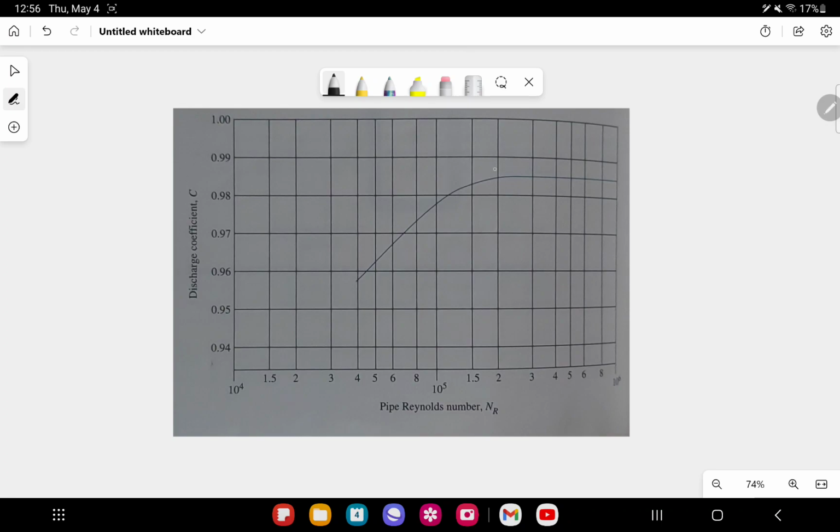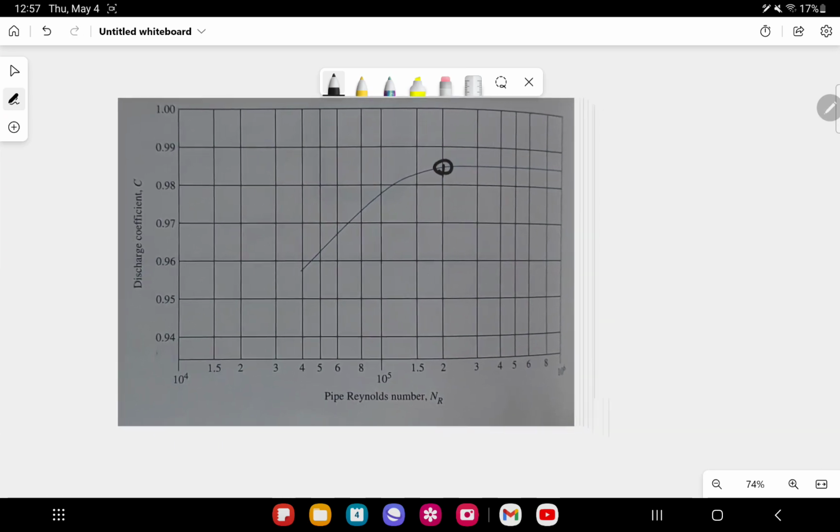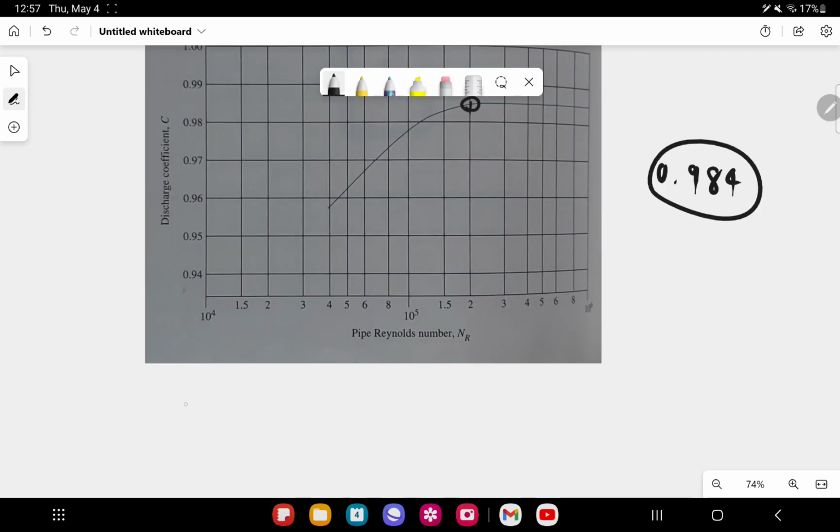If we look carefully at the chart, if the Reynolds number of the fluid is greater than 2 times 10 raised to 5, then the discharge coefficient is almost constant and equal to 0.984.